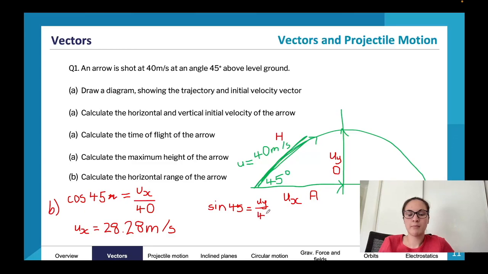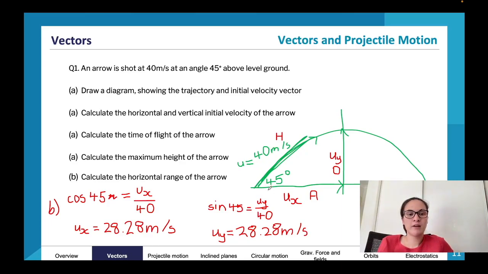Then once again you multiply both sides, and you will find that UY and UX are the same, 28.28, and that's just because that's the way the math works. We just happen to get both the same answer. And if you wanted to check this with the Pythagorean theorem, then by all means check, but you will end up with 40. But yeah, so 28.28, that's UX, and it's also UY.